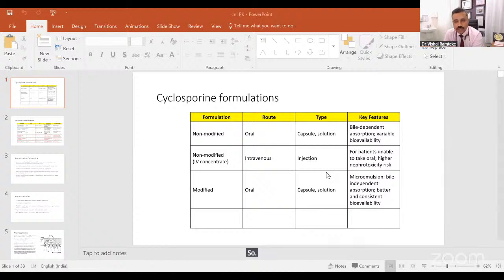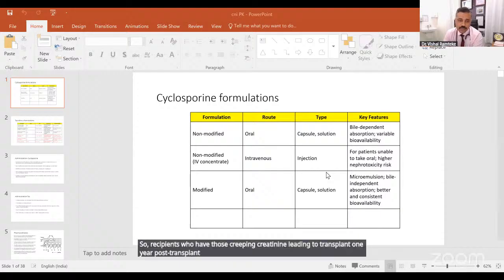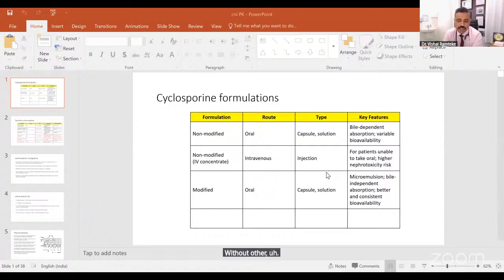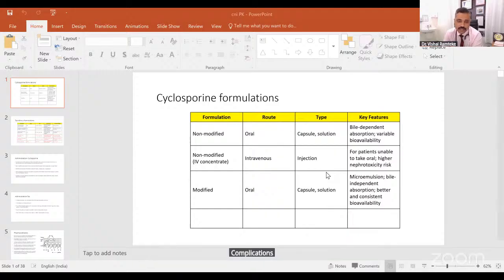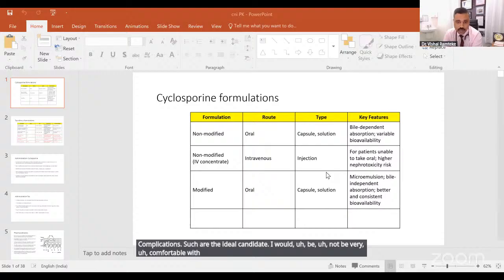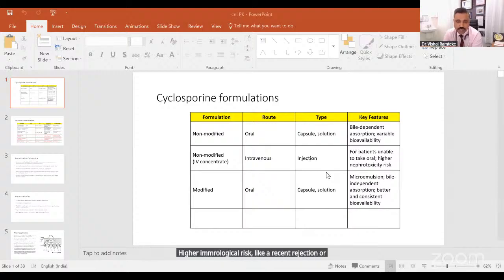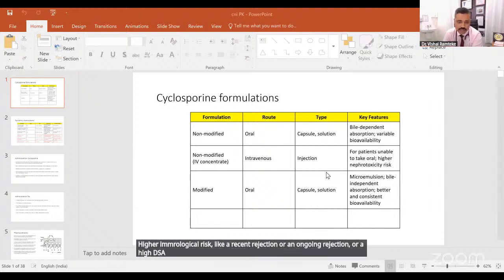Recipients who have creeping creatinine leading to transplant 1 year post-transplant and biopsy proven evidence of nephrotoxicity without other ongoing rejections, and other complications which are not amenable to dose reduction like the neurotoxicity or the hematological or the metabolic complications, are the ideal candidates. I would not be very comfortable with patients who have higher immunological risk like a recent rejection or an ongoing rejection or a high DSA to be considered for this.